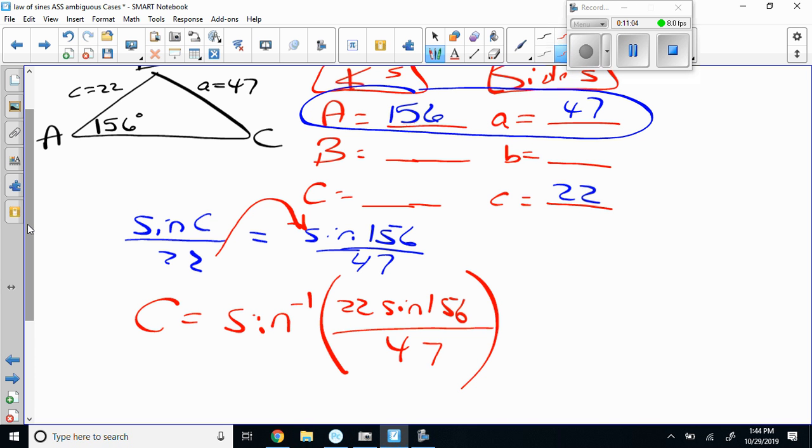Now, when you do this, ladies and gentlemen, please tell me what you get. 10.98, right? Y'all agree with that? Raise your hand if you agree with 10.98. Okay, good. Now, ladies and gentlemen, I need you to consider something.